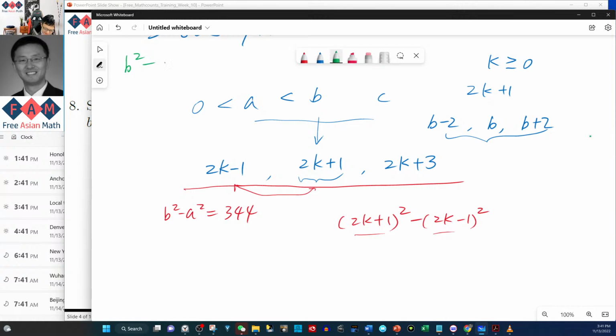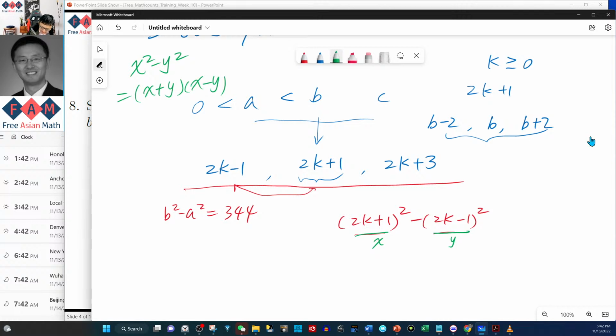B squared minus A squared, or I should use x and y just to avoid reusing the same symbols. So x squared minus y squared equals x plus y times x minus y. That's what we reviewed at the very beginning. So you think of this whole thing as x and 2k minus 1 as y, so we can use that formula directly to avoid using binomial expansion.